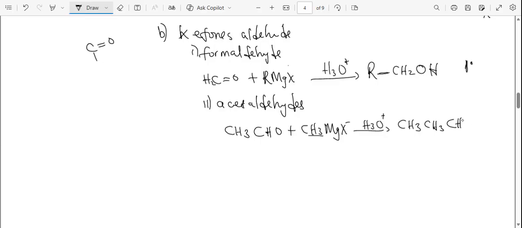We are forming now the alcohol. The goal is to form an alcohol, remember. So an alcohol will be formed like that. Let me just demonstrate. Wait, I want to explain something here.